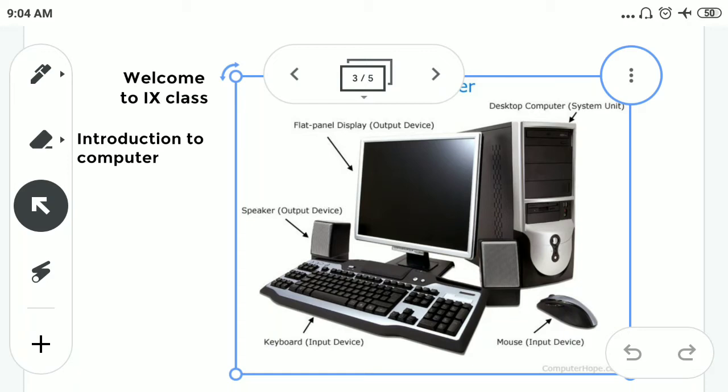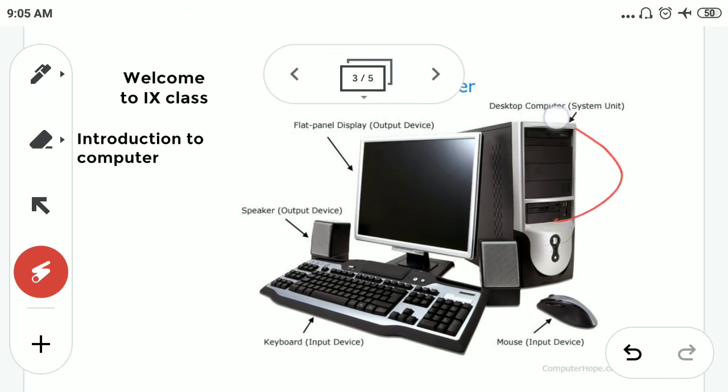CPU is the central processing unit which acts as the brain here. You can see that this big box like structure is the CPU, which consists of many hardware equipments inside it, which is used to connect all the peripheral devices into the system.